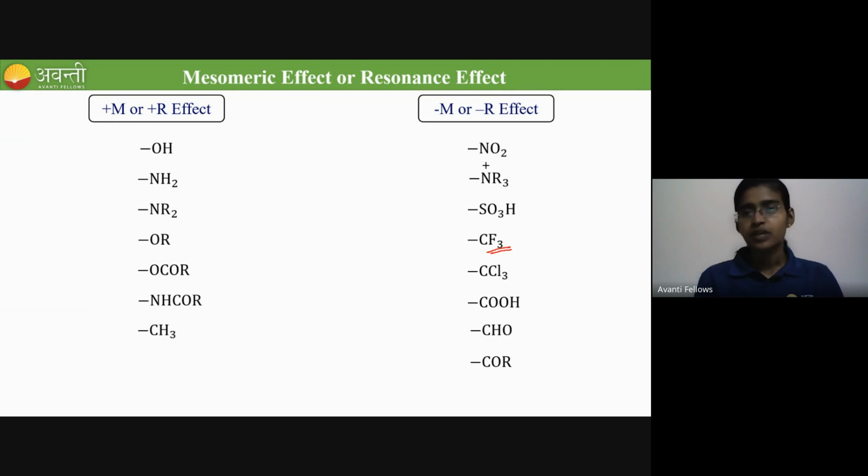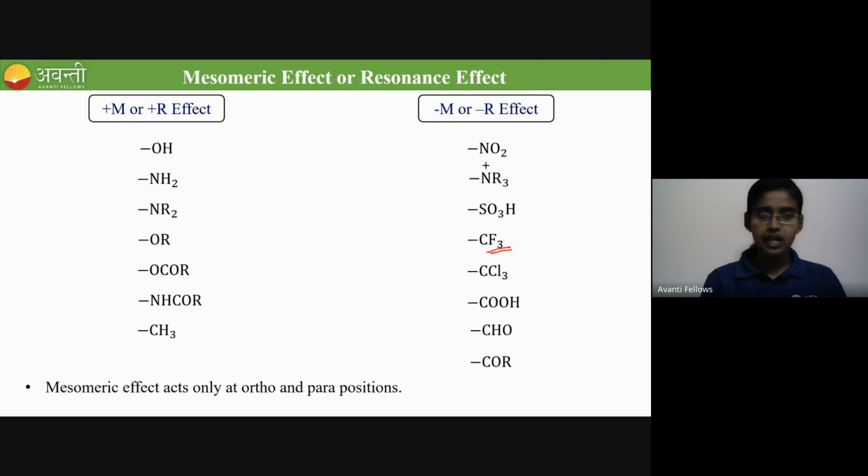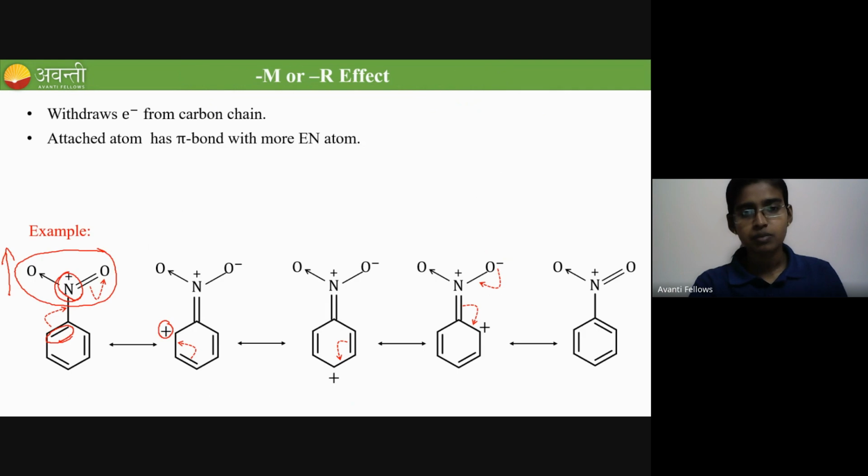Okay. Now, this particular mesomeric effect will act only at ortho and para positions. You can find the effects only at ortho and para positions. Let me show you the previous case.